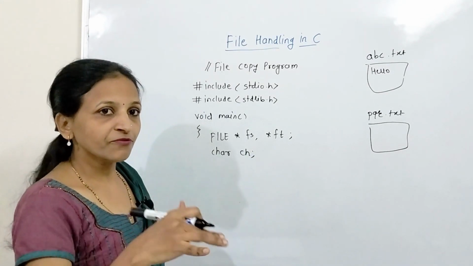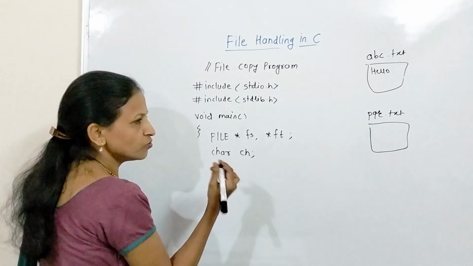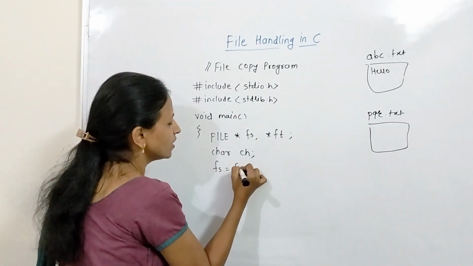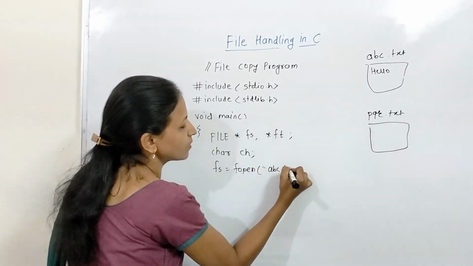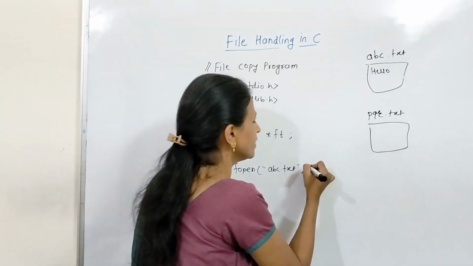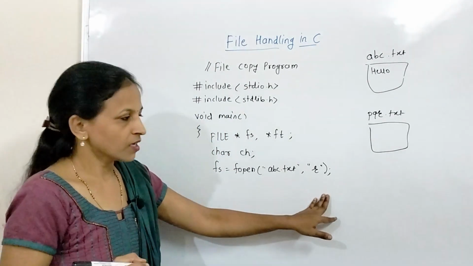Now let us first open this file. Getting? How? Using the fopen function. See, fs equals fopen. Here we have to pass the file name like abc.txt. In which mode do we have to open this file? In read mode. Getting?